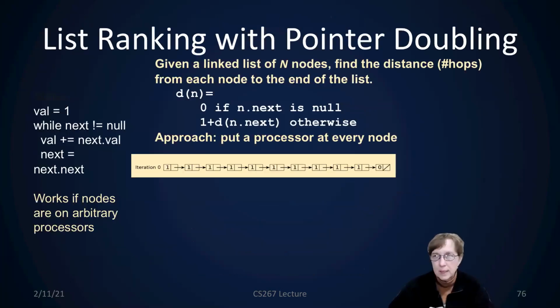Okay, so the next example is what's called list ranking, and it's really just the easiest thing that we can talk about on a linked list data structure. Now, the way to think about a linked list data structure in this case is that each one of these nodes in the list is not sitting at an arbitrary place in memory, but we have the ability to put a processor at each one of those places, so we can find all the elements.